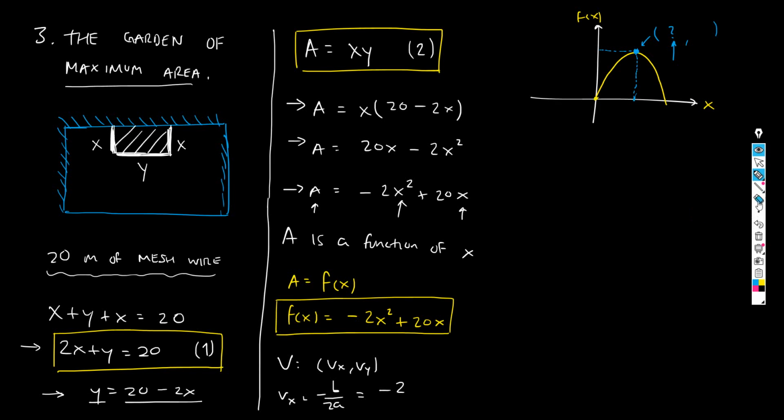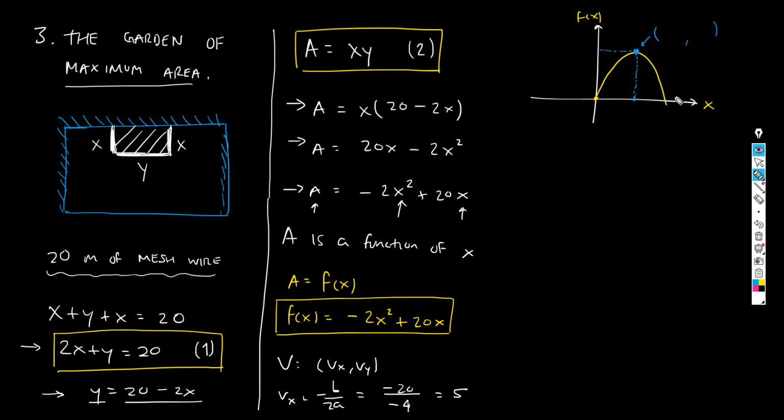No, I'm sorry. It's 20. So minus b is minus 20 because b is 20. Over 2a. How much is a? It's minus 2. So I'm going to get 2 times minus 2, which is minus 4. And then minus 20 over minus 4, that gives me 5. So this number, guys, this coordinate of the vertex is 5.